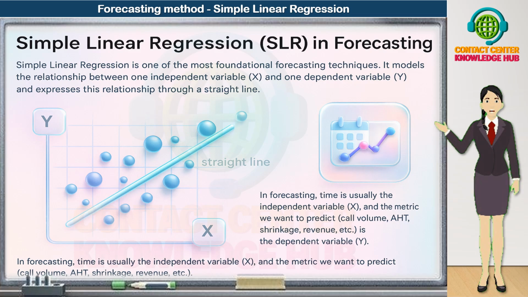In this method, we work with two variables: an independent variable, known as X, and a dependent variable, known as Y. In forecasting applications, time is almost always used as the independent variable, X. The metric, such as call volume, average handle time, shrinkage, revenue, or any other business KPI, becomes the dependent variable, Y. By analyzing how this metric behaves over time, SLR allows us to draw a straight-line relationship and extend that line into the future to forecast.